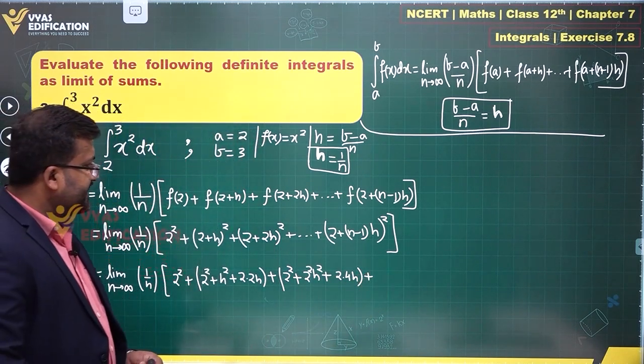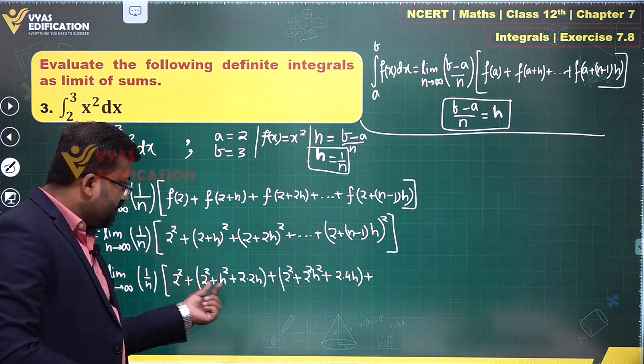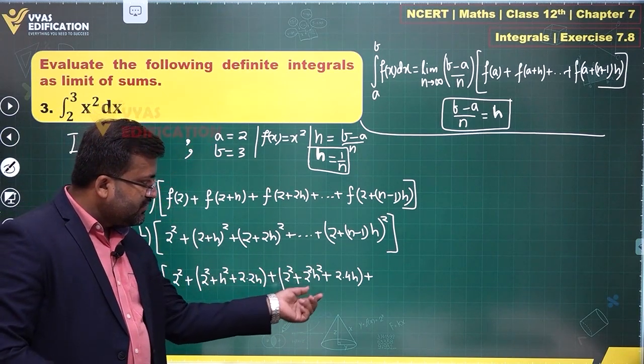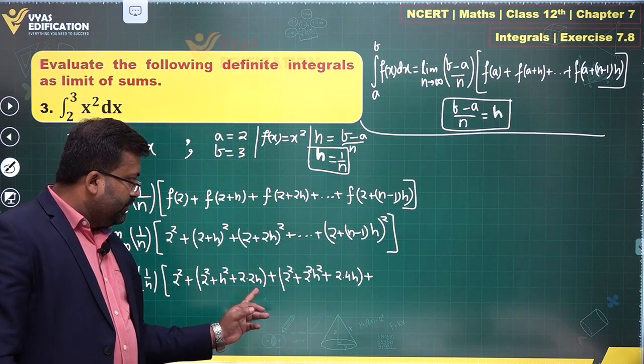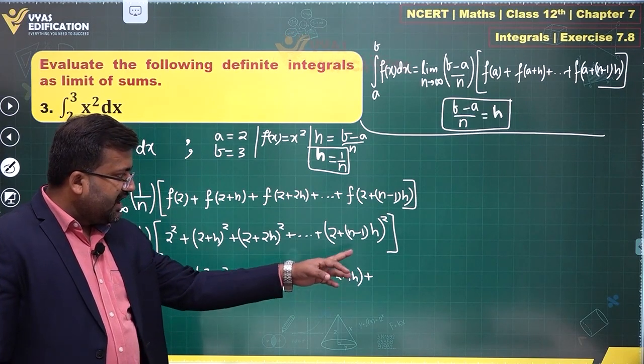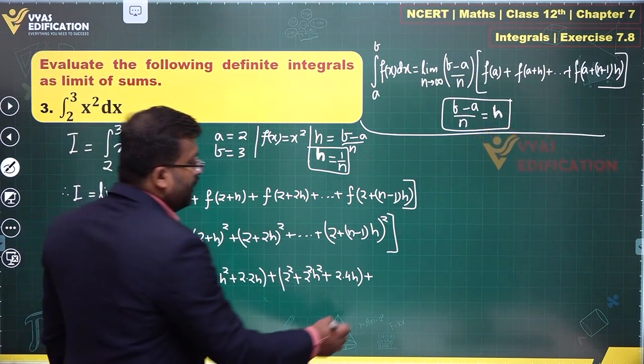If you take a look at the next term, this will be 2 plus 3h whole square. If you observe carefully, these 2 squares will come out, h square, 2 square h square, and what you'll get is 3 square h square over there. 2 into 2h, 2 into 4h, and next will be 2 into 6h actually. That's the term that you should be looking out for.